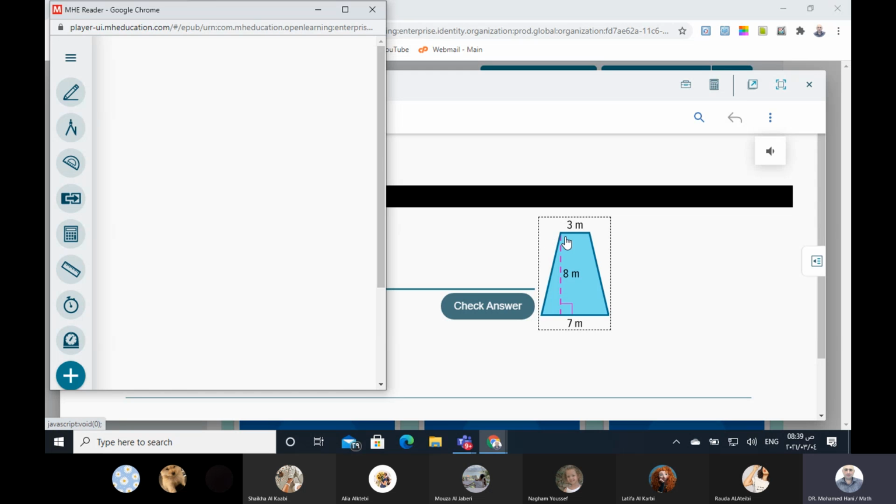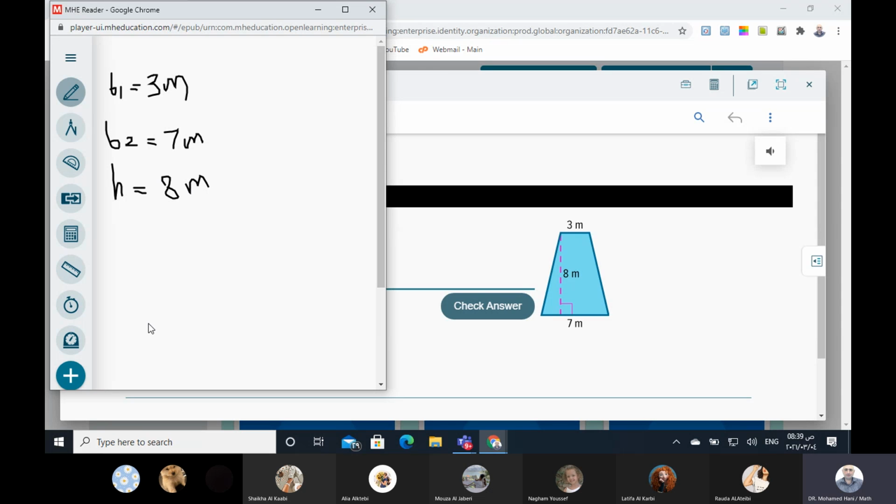This is the small base, so P1 equals 3 meters. Then P2 equals 7 meters. And we have the height, H equals 8 meters.